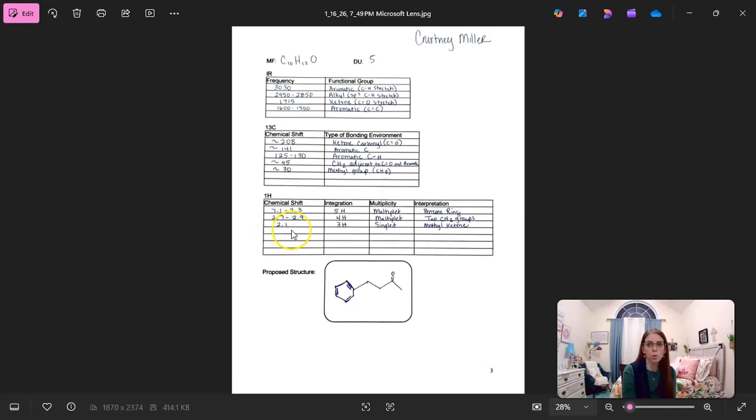At 2.1 ppm, there is a singlet integrating to 3 hydrogens, which represents a methyl group attached directly to the carbonyl carbon. The integrations add up to 12 hydrogens, which matches the molecular formula.